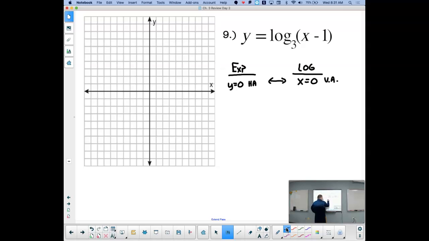Normally, on a y equals a b to the x minus c plus d type one, okay? So normally this c right there moves it horizontally, and d then is our vertical.